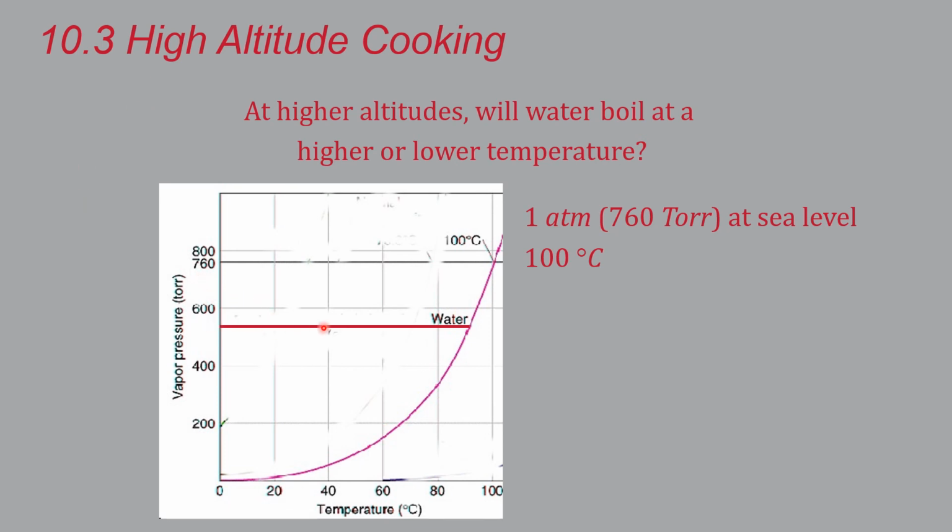So this is the pressure, and then we want to look down to see what temperature the water is going to have that vapor pressure, and that is only 90 degrees C. So atmospheric pressure is about 0.7 atmospheres, about 530 torr.